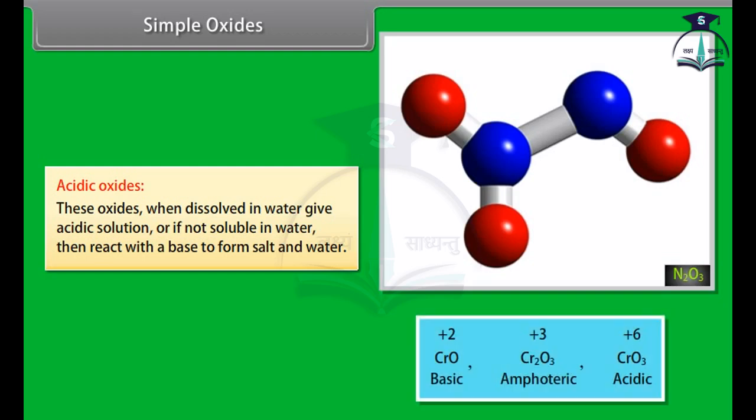These oxides, when dissolved in water, give acidic solution, or if not soluble in water, then react with a base to form salt and water. For example, SO2, N2O3, P2O3 and Br2O. The acidity of the oxide increases as the oxidation number increases.